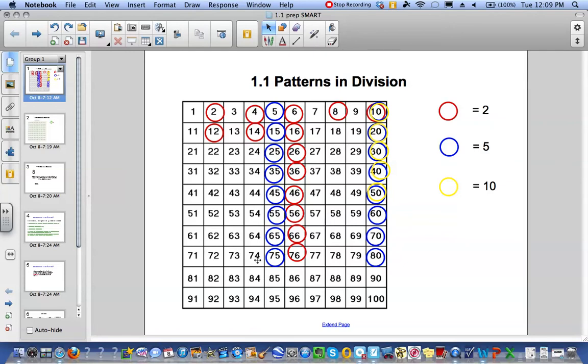Even if you count by 10s, 10, 20, 30, 40, 50, 60, 70, 80, 90, 100, 110, 120, all those numbers end in 0, so they're divisible by 10. If a number does not have a 0 in the ones column, it is not divisible by 10. 1,254,650 is divisible by 10 because it ends in a 0.